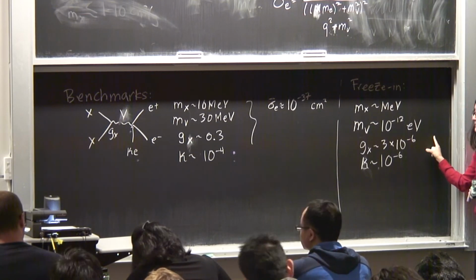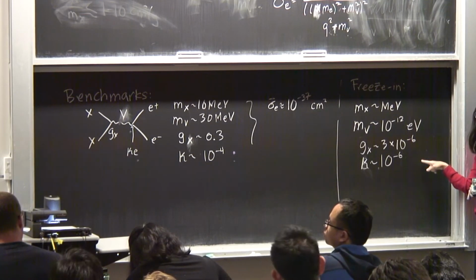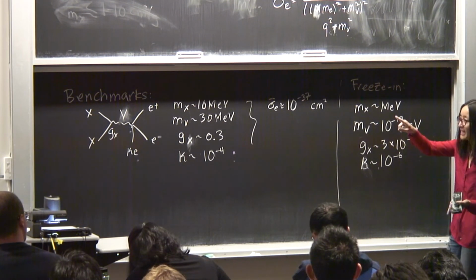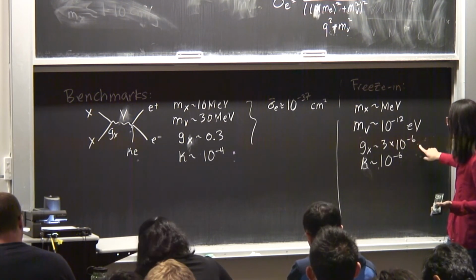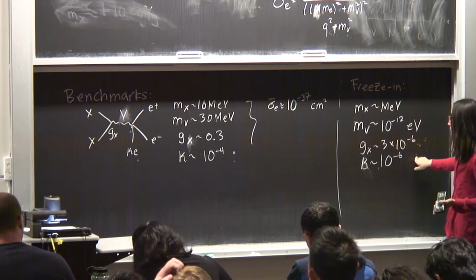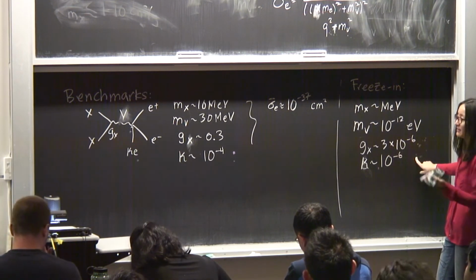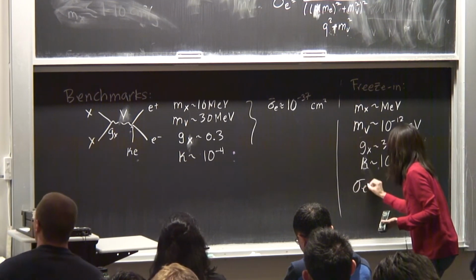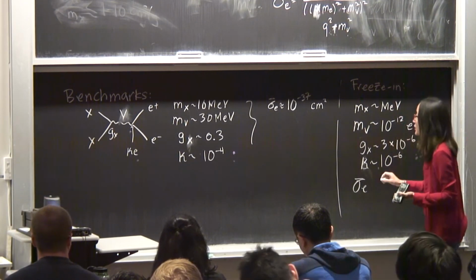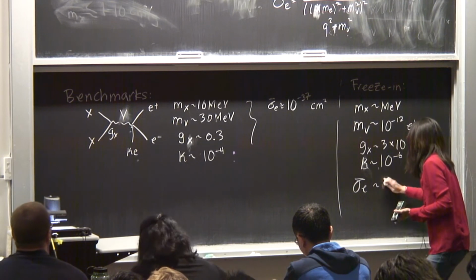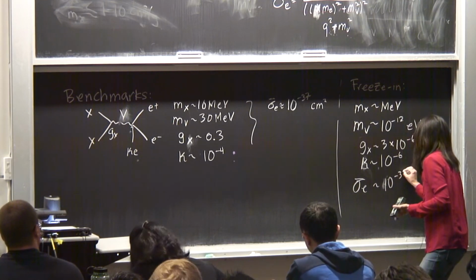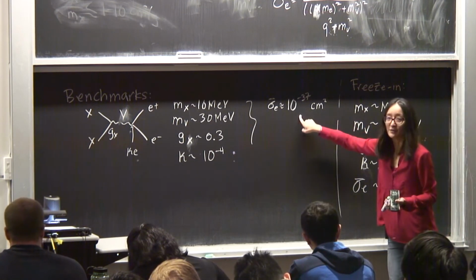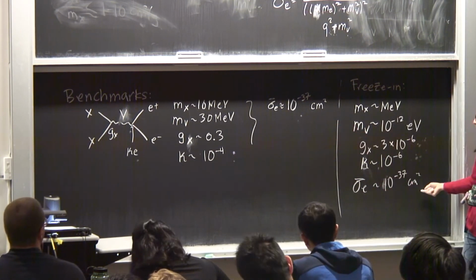Okay, and the point I want to make is that in this freeze-in benchmark, we've picked these extremely small couplings in order to satisfy the first thing we derived to get the relic abundance. And it satisfies the existing constraints. The interesting thing is if you plug in the numbers for this direct detection cross-section, it is also on the same order as the one I showed here for very large couplings.